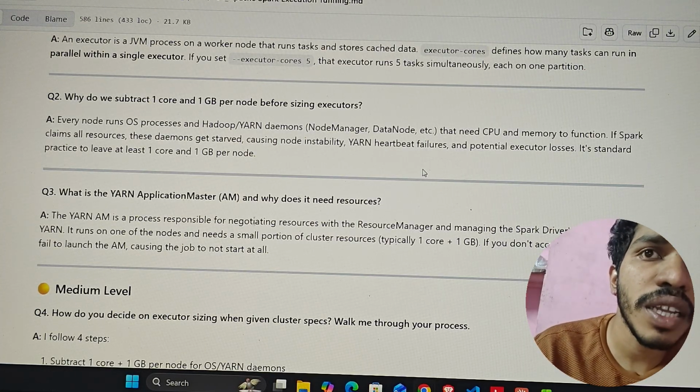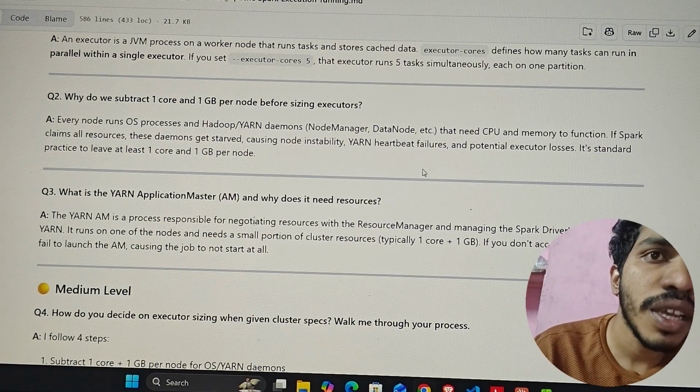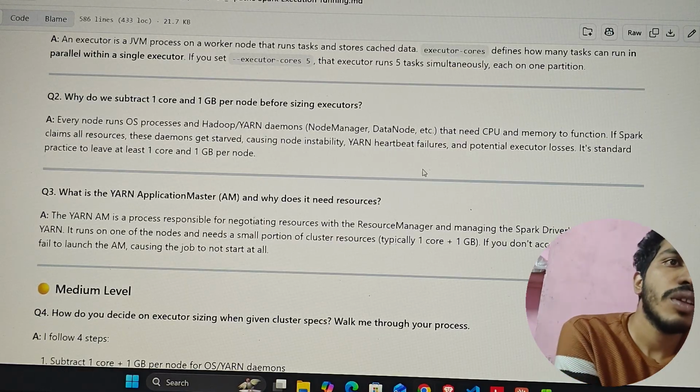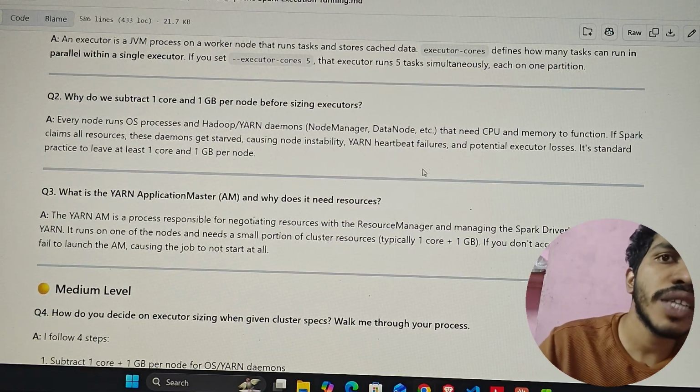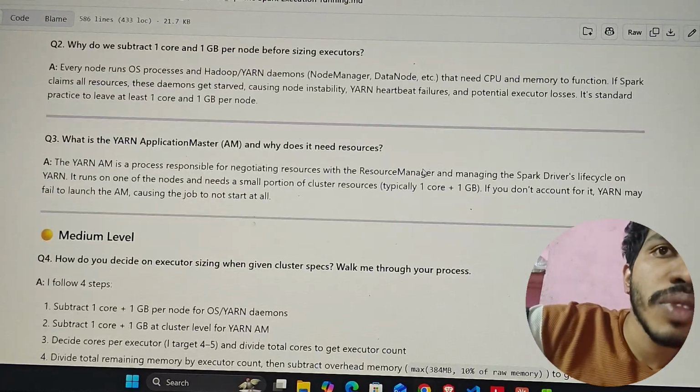If Spark claims all resources, those daemons get starved, causing node instability, YARN heartbeat failure, and potential executor losses. It is standard practice to leave at least one core and 1 GB per node.